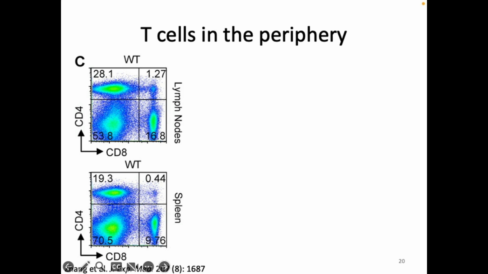If I do the same plot, but I gate on CD3, and remember CD3 was part of the co-receptor that's important for signaling in the T cell receptor. CD3 is really only on our T cells, and we'll say for our purposes on our alpha beta T cells. Gating on CD3 means that I'm only examining cells that have CD3.